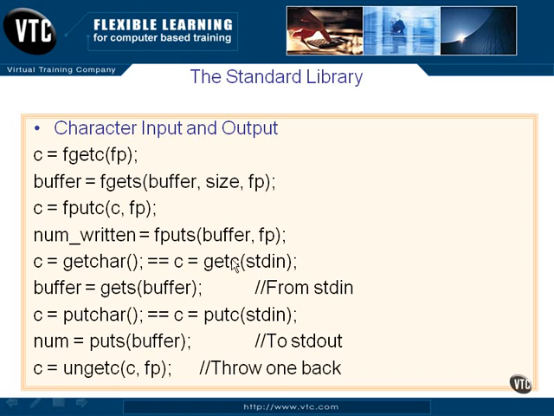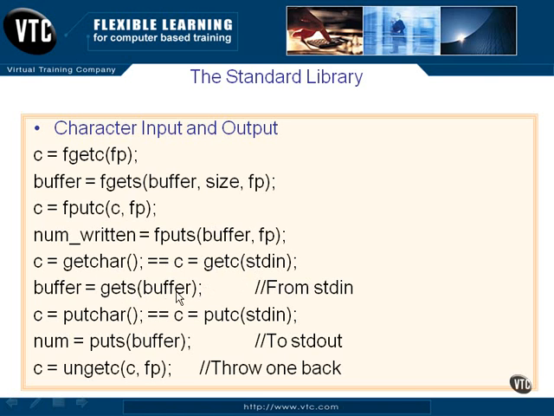You can use either one you like, or you can use getc on a different file pointer and pick up a character at a time from another file that you've opened. gets of a buffer is like an fgets, but it reads from the standard in. Takes in a string of data, characters mostly, of course, it's supposed to be a string.